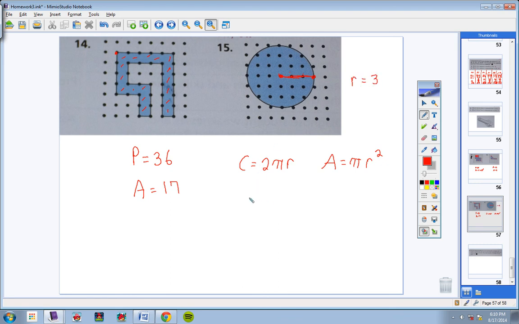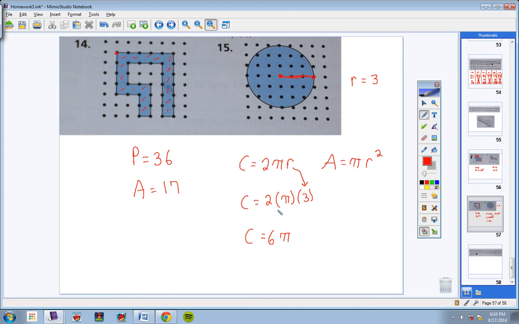Now, let's come down here and find the circumference or the perimeter around the circle. So it's 2 times pi times 3. Radius is 3. Now, I don't care if you write your answer in terms of pi or if you use a decimal, but let's know how to do it both ways, okay? If you write your answer in terms of pi, you're going to leave it 6 pi.